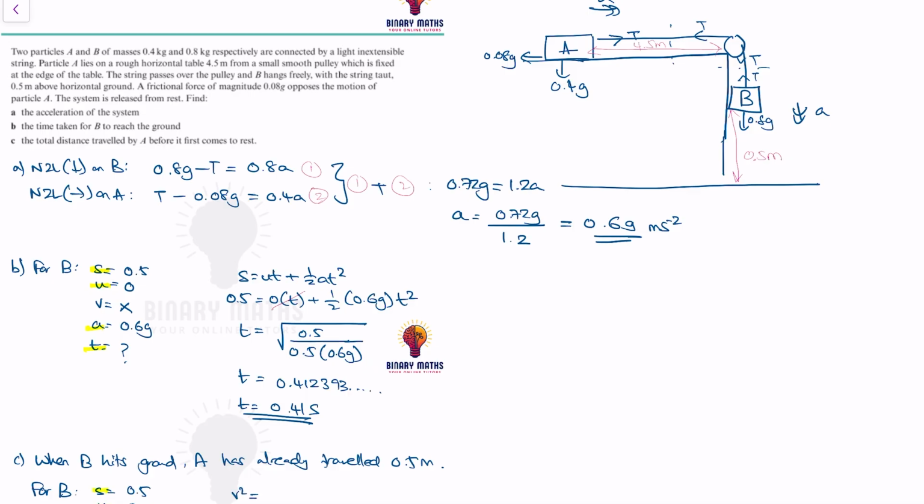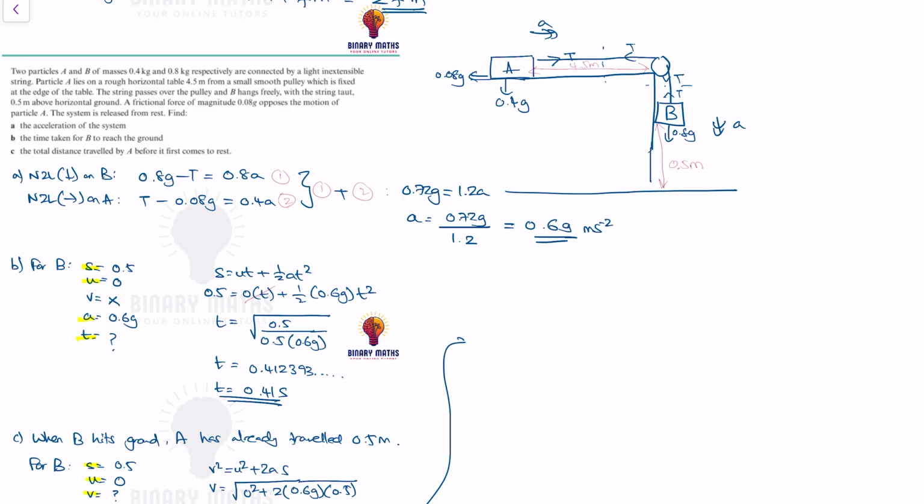So V squared is equal to U squared plus 2AS, which means V will be equal to the square root of 0 squared plus 2 times 0.6g times 0.5, which works out to be 2.42487..., which means V is equal to 2.42 meters per second.